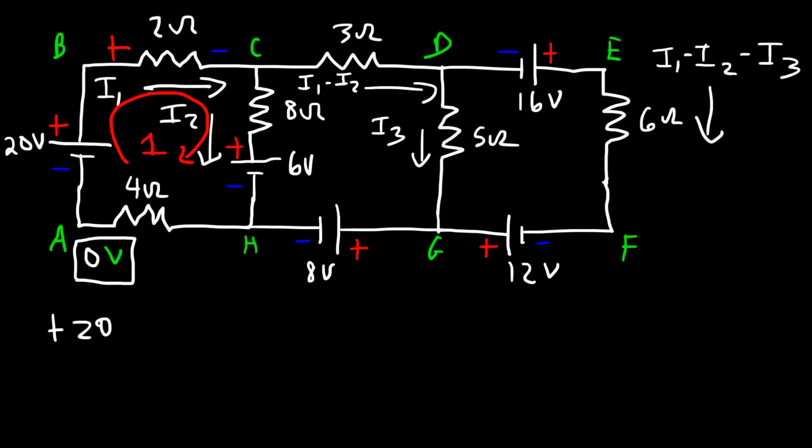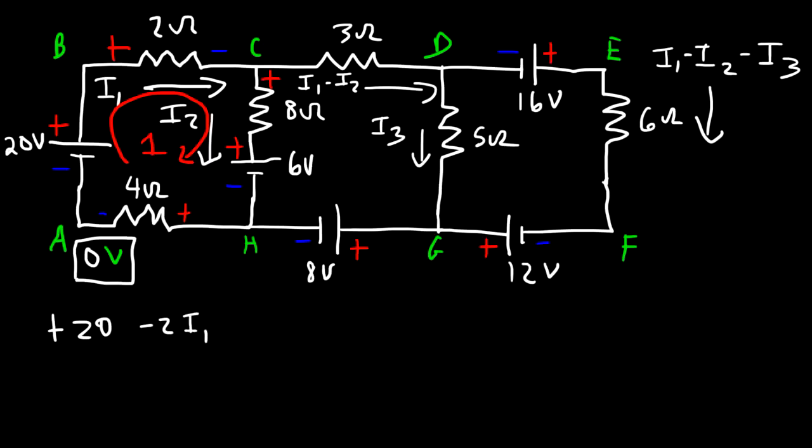And for the 8 ohm resistor, this is positive, and this is negative as it follows I2. And for the 4 ohm resistor, I1 is flowing in this direction, so this is going to be positive and negative. So as we flow in this direction, that is in the direction of I1, that's going to be a voltage drop. So that's negative 2 I1.